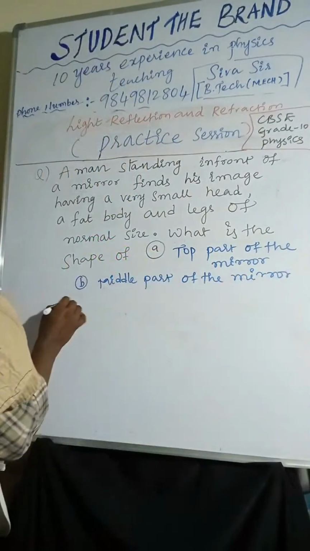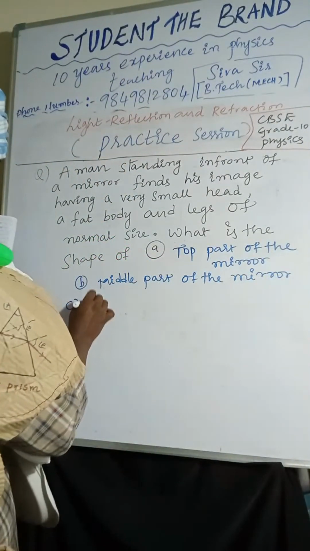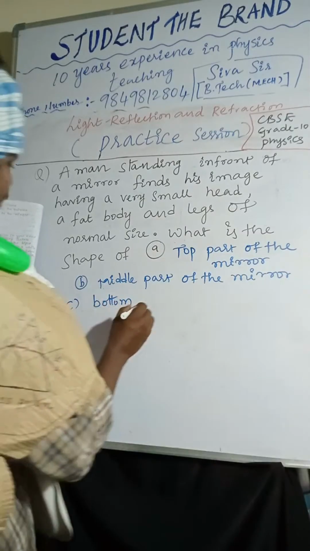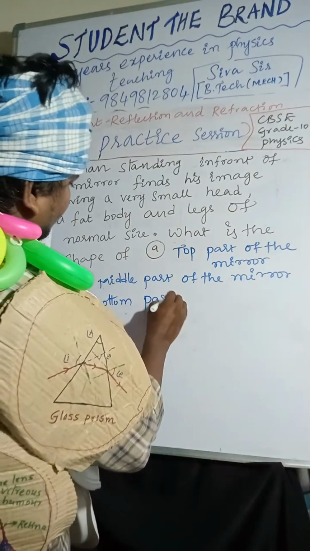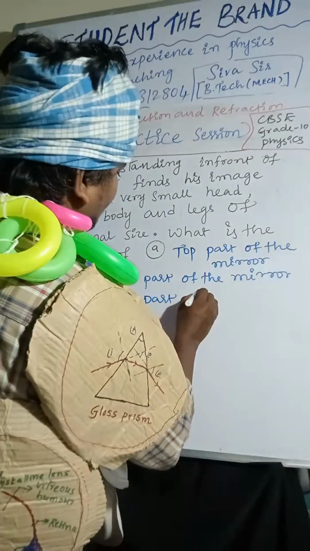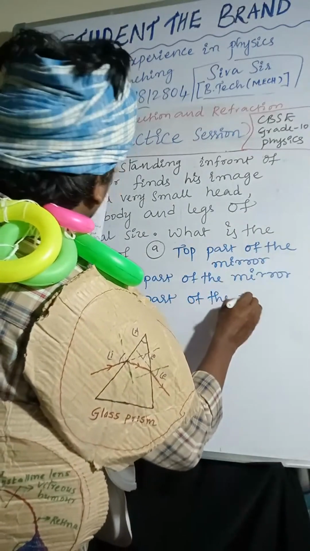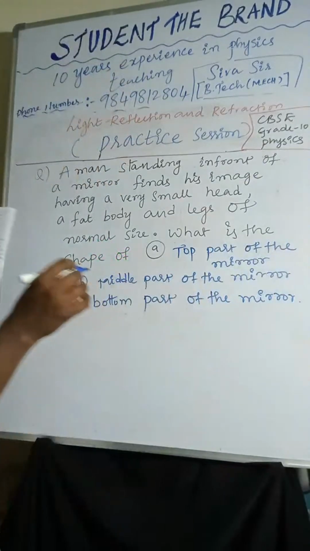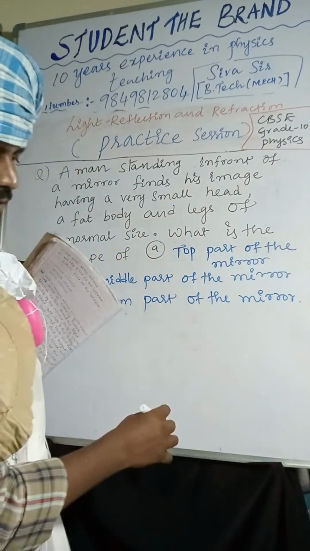And the third one is the bottom part of the mirror. Okay, so answer these questions.